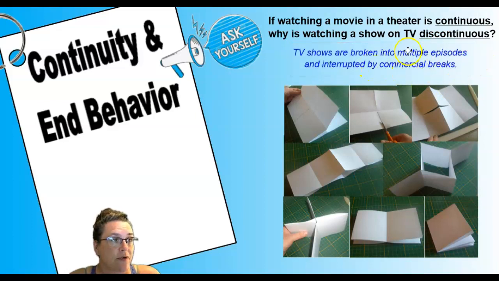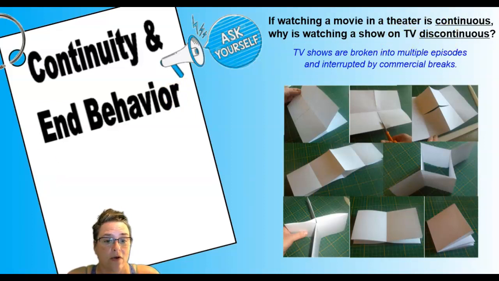So those interruptions by the commercial breaks or the gaps between episodes, those are pieces of time where the story isn't being told. And that would be an example of a discontinuous show or a discontinuity in the story.